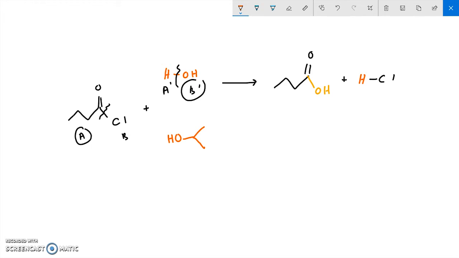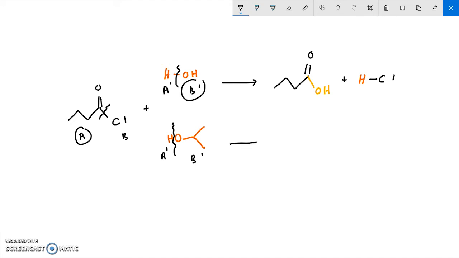However, we'll be focusing on the hydrogen from the OH since this is the functional group for alcohol. Again, we use the same approach. We identify the A part of the structure, which represents the R double bond O. For the alcohol, we identify the hydrogen part. In this case, we break the bond between the hydrogen and the oxygen. And remember again, hydrogen will always be assigned as A prime, and the rest will be assigned as B prime.